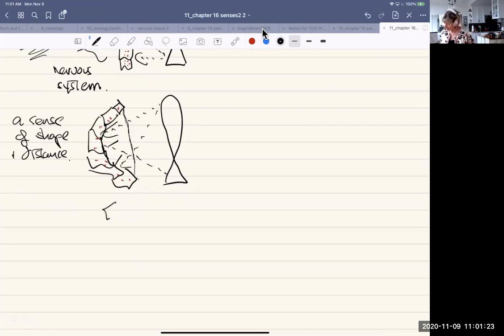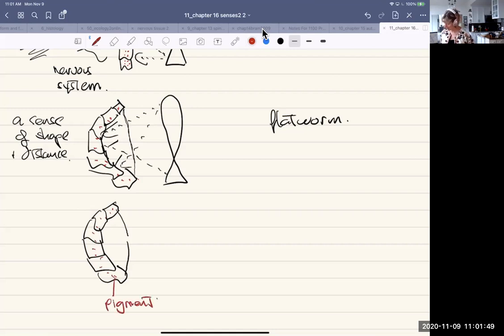Well, here is another animal. So this example is the flatworm. There's a membrane. But this membrane has a hole in it. Those are pigments. And here's the fish again. This is the eye of the fish.